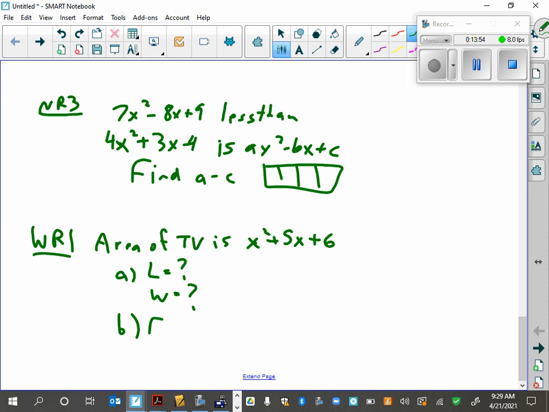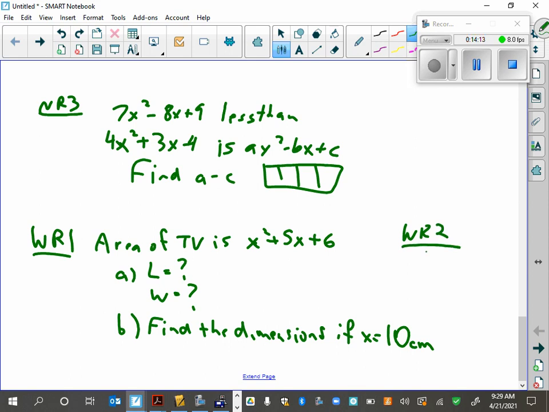And find the dimensions, which means length and width, if x equals 10 centimeters. Written response 2, as I write it here, is simply 2x plus 3 all cubed. Simplify that.